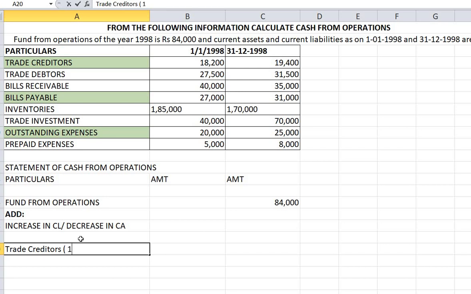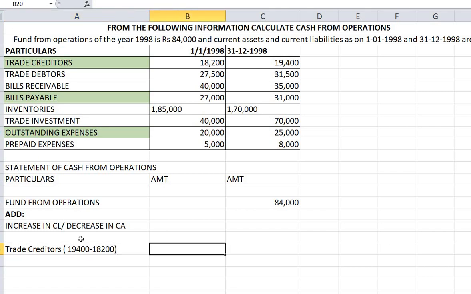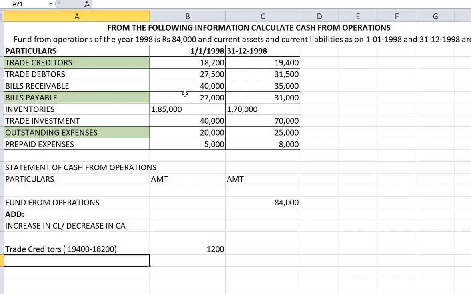So 19,400 minus 18,200. That amount is posted in the amount column. Next one is bills payable: 27,000, 31,000. That is also an increase in current liability.